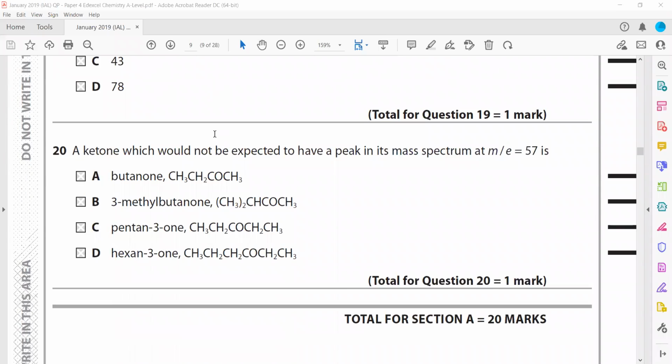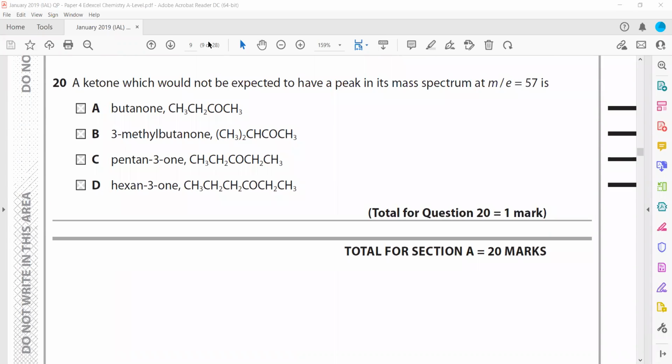Then in question 20, a ketone would not be expected to have a peak at mass to charge of 57. So we don't expect to have a peak at 57. So this will be 15, 15 plus 12, 14, 29, 29 plus 28, so it will be 57.